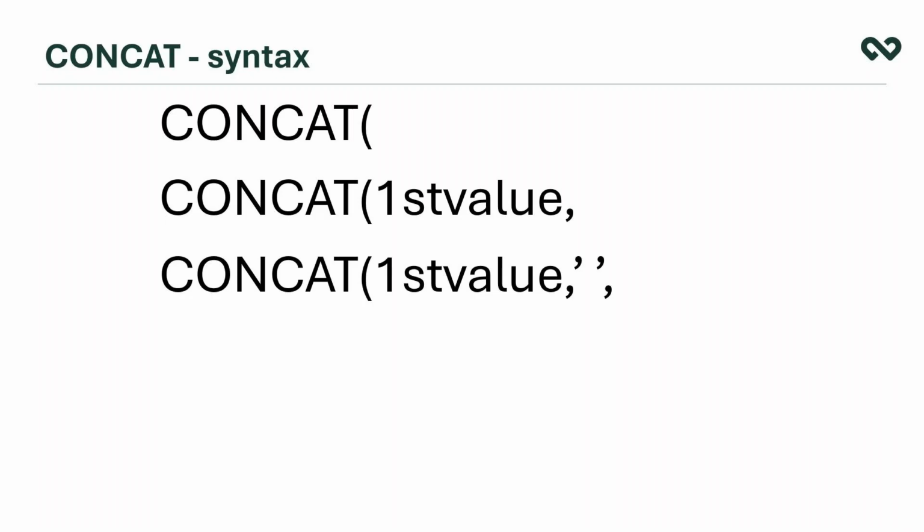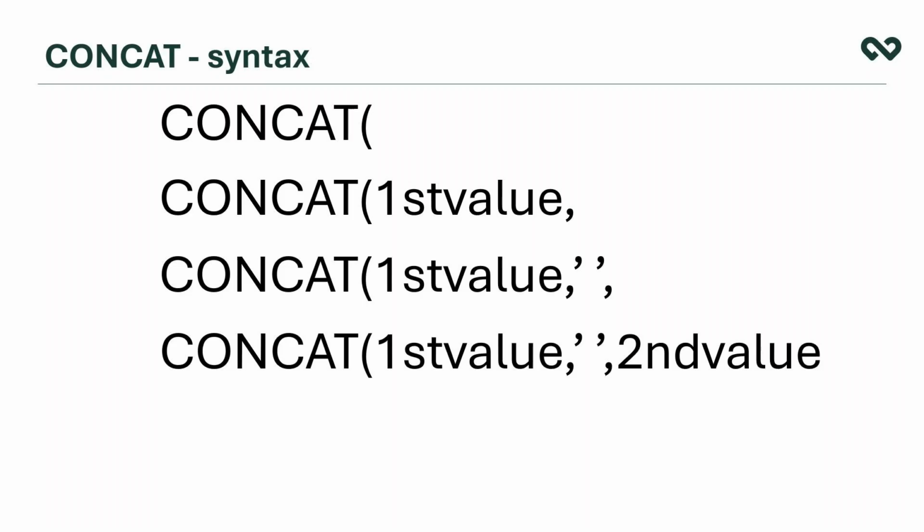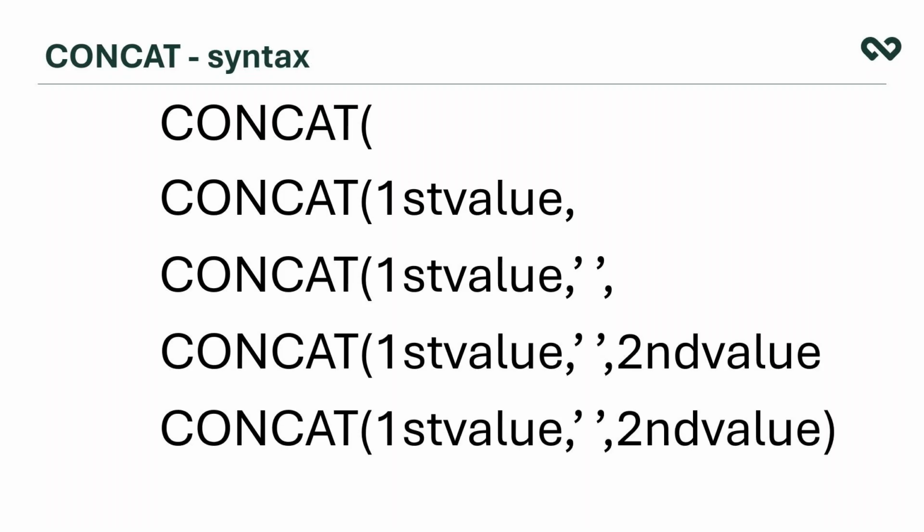You can even have multiple separators together within your quotation marks. But once you've got your separator in the quotations, always make sure to add another comma. After that, we would look into putting the second value that we want in our string. And then we would simply close our brackets. And that is a concat statement.